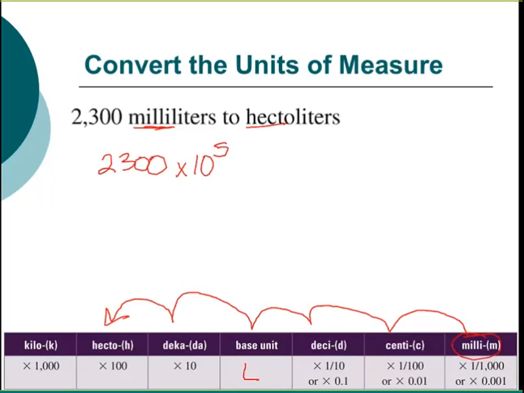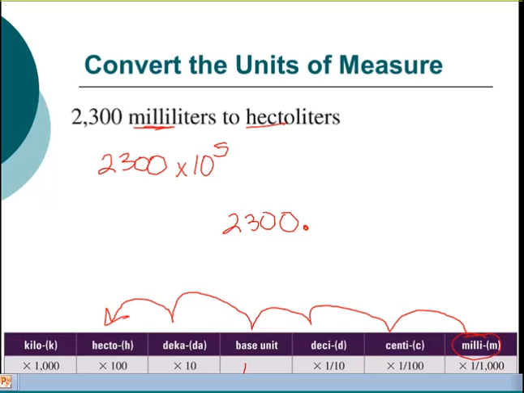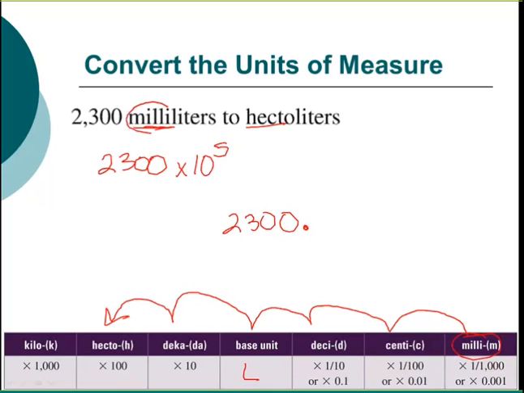And if you do that on your calculator, it's just as nice as taking my 2300 and moving my decimal place to the left, because what we want to talk about is that milliliters is a very small measurement, and if we've got 2,300 of them, we're going to a very large measurement with hecto.